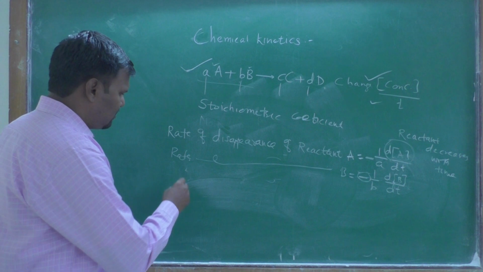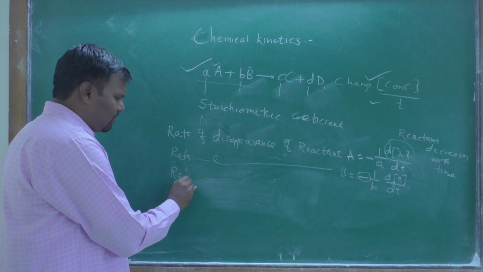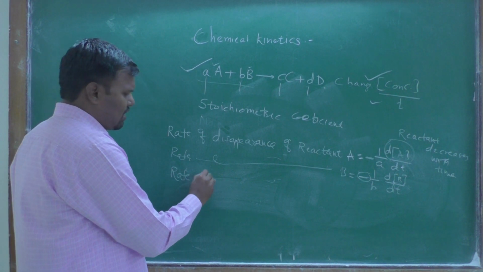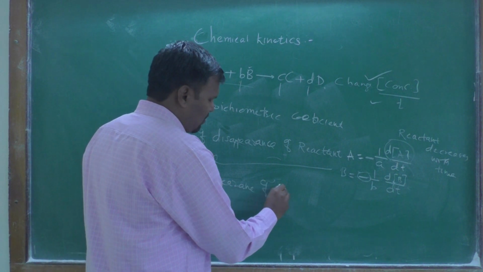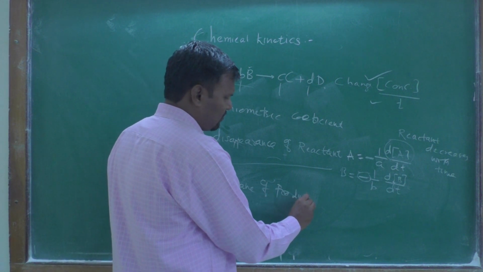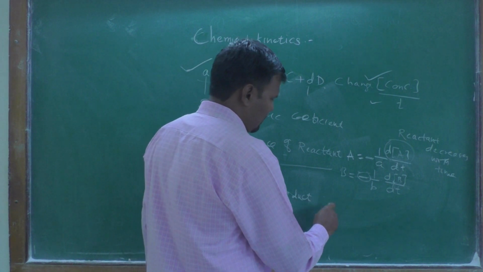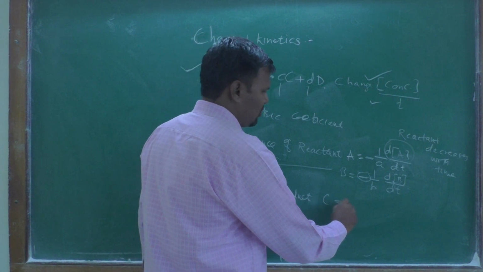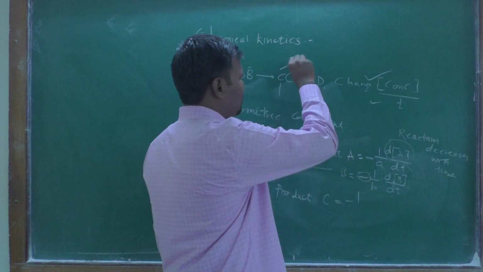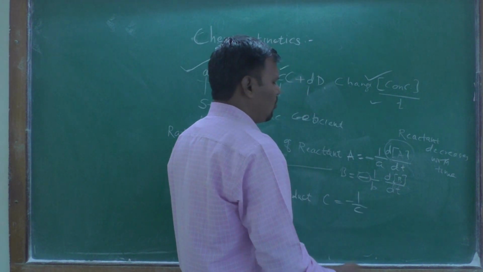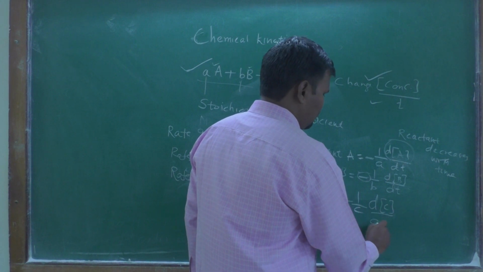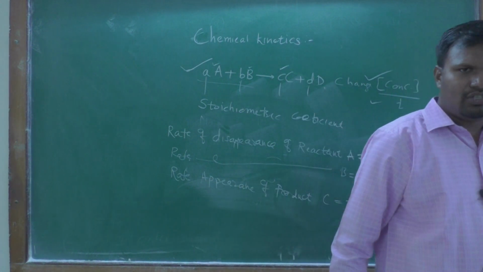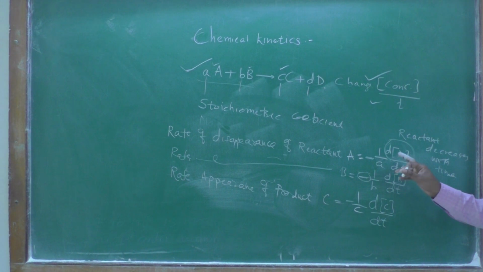Then the rate of appearance of product C is given as 1 upon c, change in concentration of C with respect to time. This is for the product.